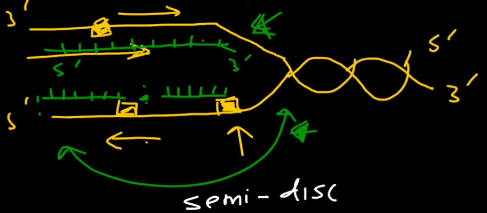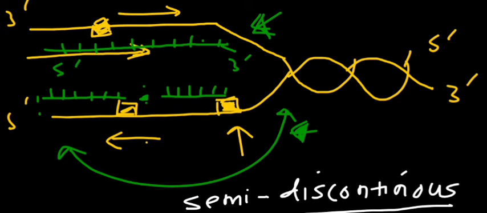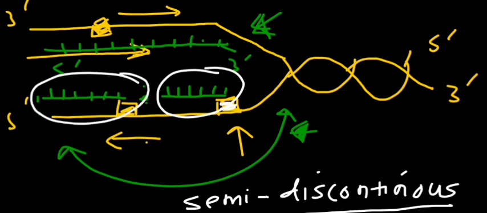Semi-discontinuous or semi-continuous, whatever you choose. It is partial, because half of it is continuous and the other half discontinuous. Semi just means partial or half. So it is half continuous, which is true. These fragments which are produced are what we call Okazaki fragments.